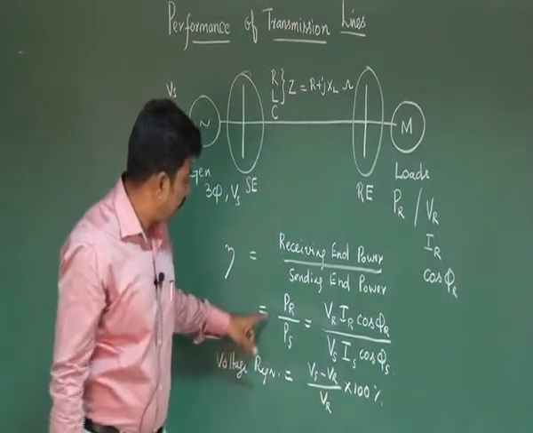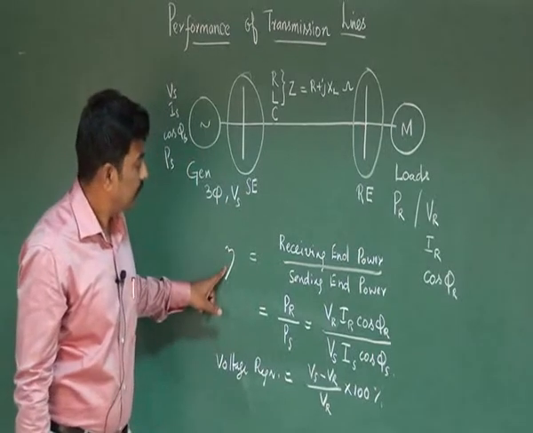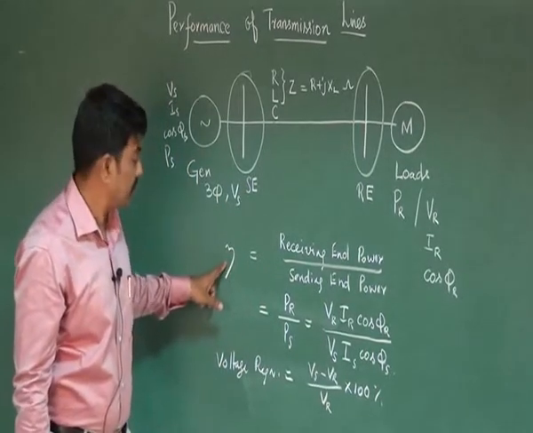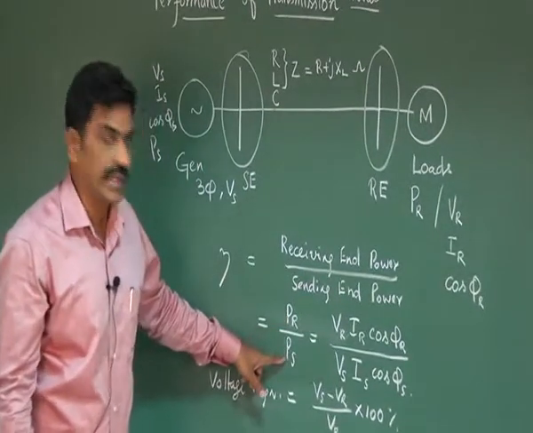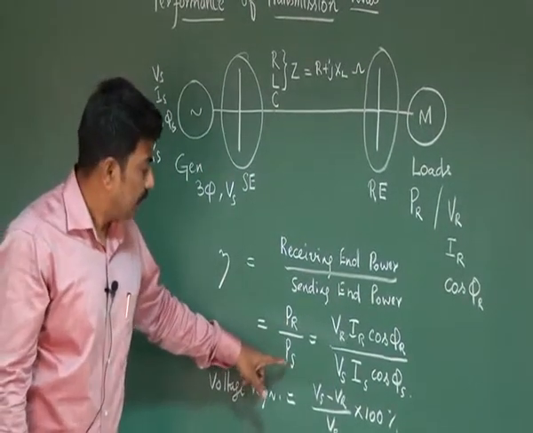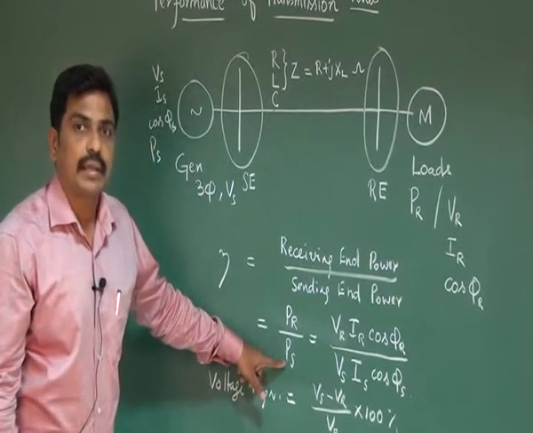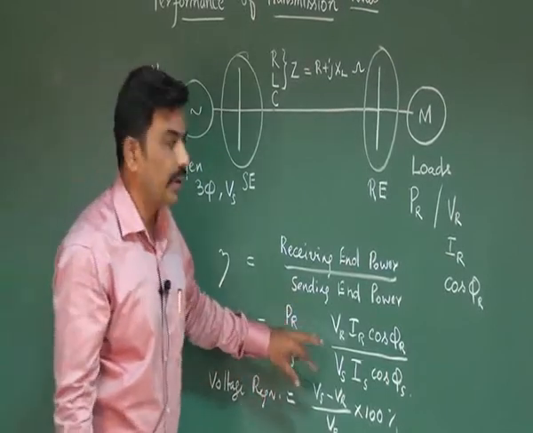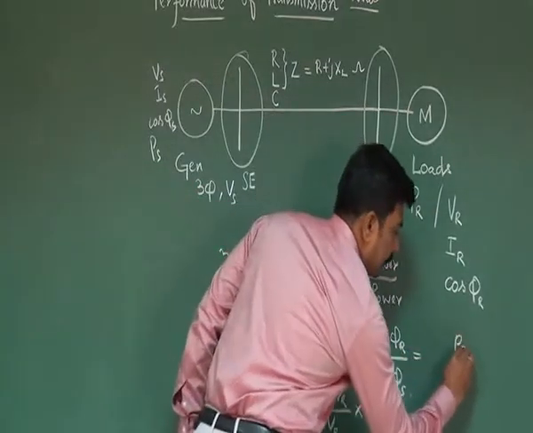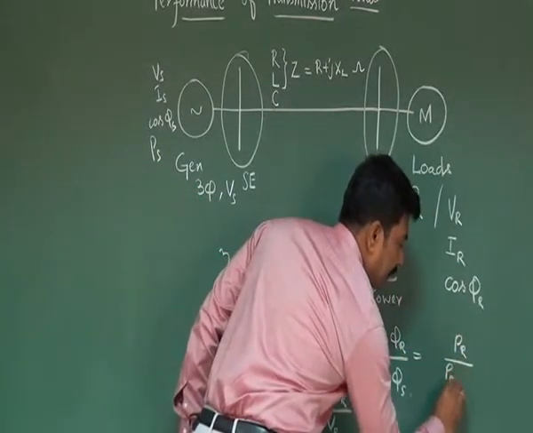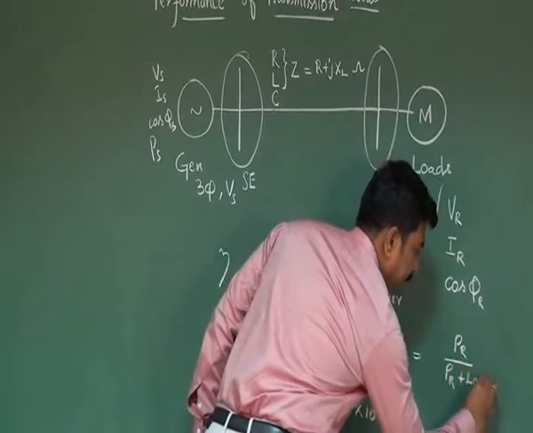Now for performance consideration, efficiency is receiving end power divided by sending end power. The sending end power can be expressed in terms of receiving end power and losses. That is, receiving end power divided by receiving end power plus losses.